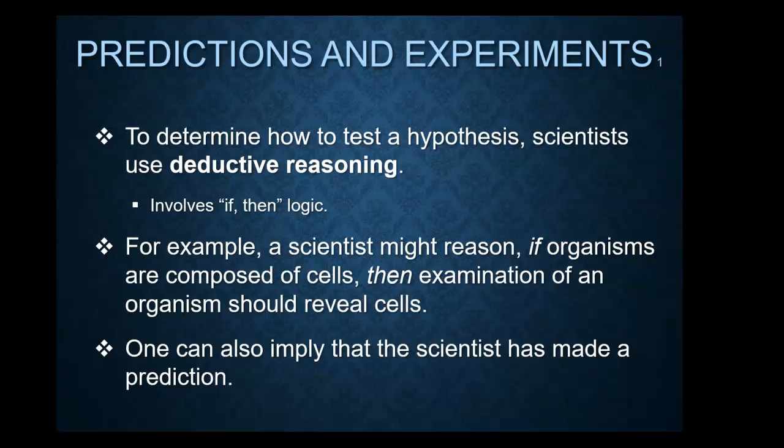So to determine how to test the hypothesis, scientists also use deductive reasoning. Basically what we're saying is an if-then type of logic. So if, for instance, an organism is composed of cells, then after we've examined it, it should reveal that that particular organism has cells. So one can also say the scientist has made a prediction, okay?